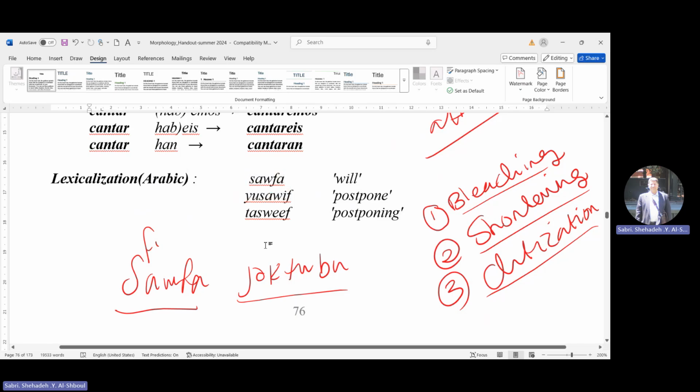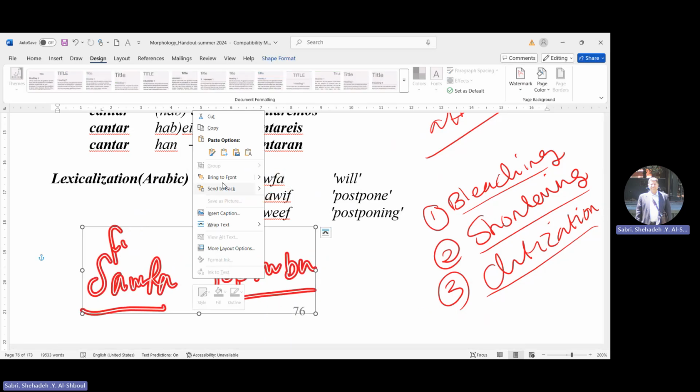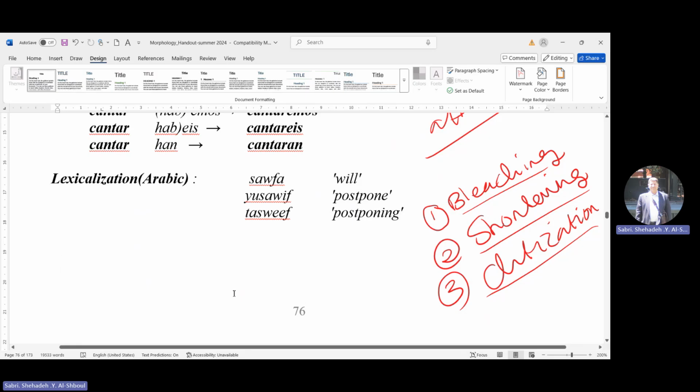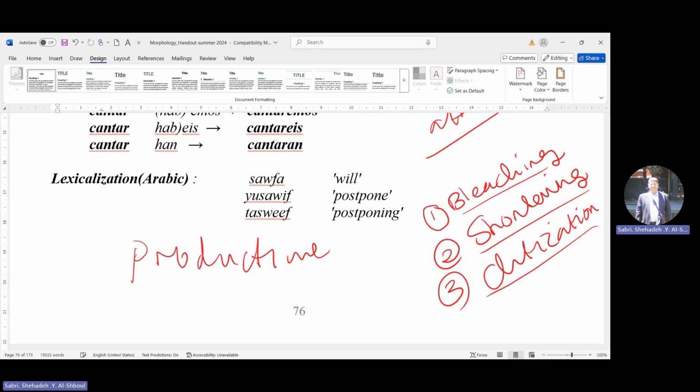With the passage of time, this sawfa has no longer remained a kind of auxiliary form, but out of this we come up with verbs like yusawwif, to postpone, taswif, postponing, and so on and so forth. So this enriches the lexicon and causes the lexicalization process to be a productive process in the language.